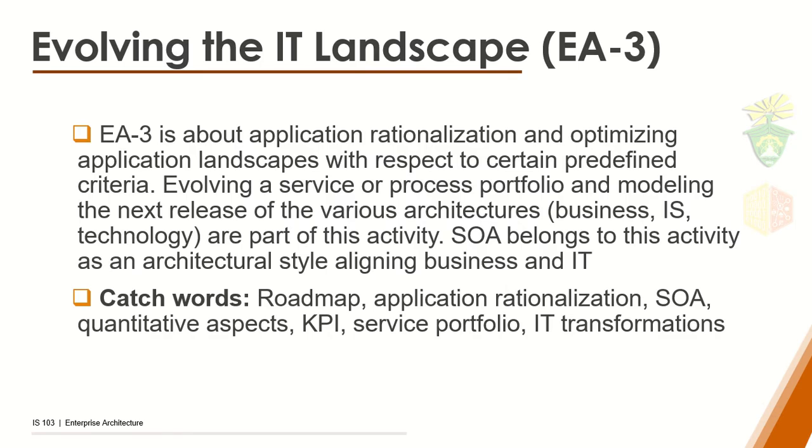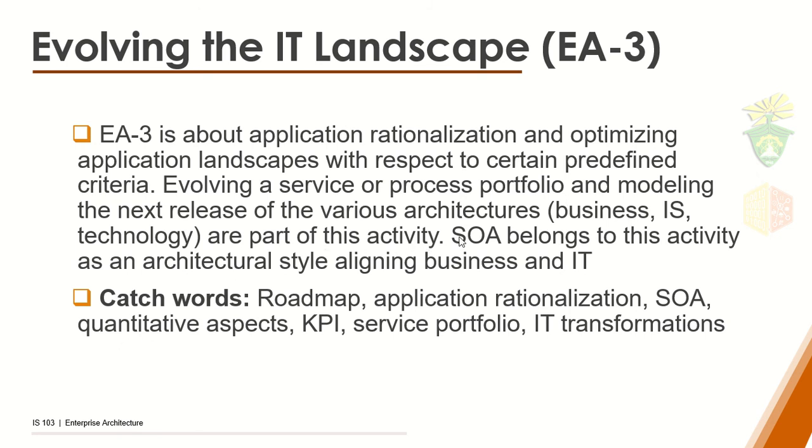The third core activity of enterprise architecture is about evolving the IT landscape. So this is about application rationalization and optimizing application landscapes with respect to certain predefined criteria. Evolving a service or a process portfolio and modeling the next release of different architectures in business, IS, and technology are part of this activity.